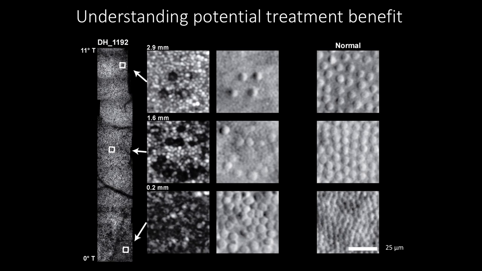By looking at this tiny, tiny scale, we're hoping to learn a lot faster if the therapy works or if it doesn't work, so that we don't continue spending effort and asking more people to enroll in the trials if the therapies are not working. And if they are working, we can get them onto the market faster so that a lot of people can benefit from the therapies earlier.